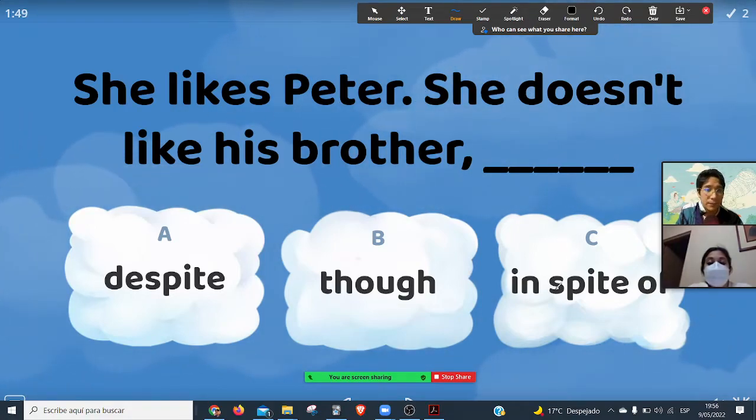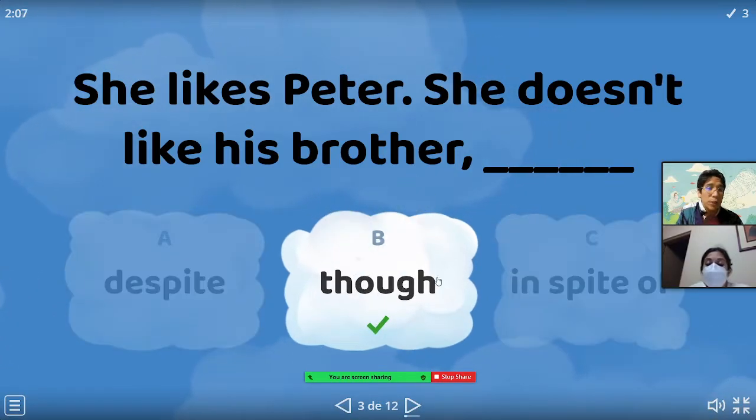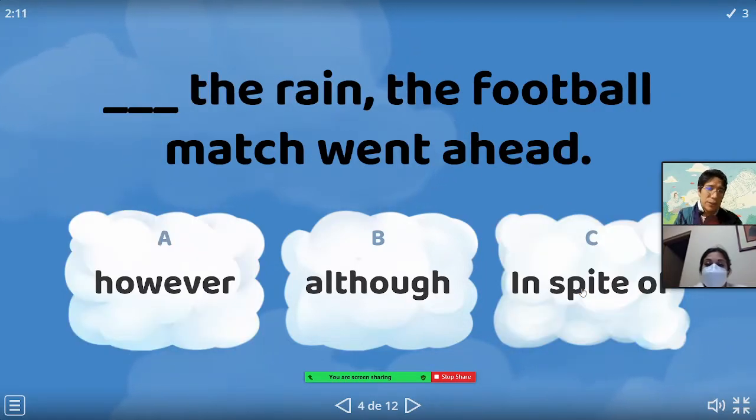A pesar de. ¿Hemos visto un despite al final? No. ¿Hemos visto un in spite of al final? No. ¿Cuál nos queda? Entonces, though. Entonces siempre la comienzo. Yes. Puede ir en el centro, obviamente, sí, pero al final no tendría sentido.